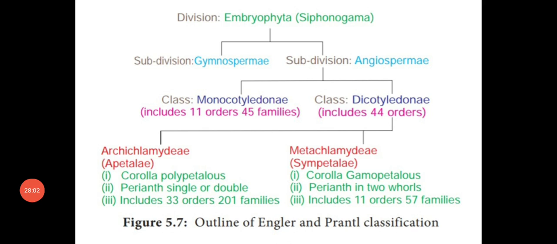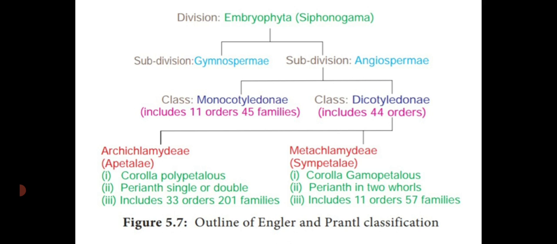Dear students, this is another flow chart, the Engler and Prantl classification. That means phylogenetic system 1 was proposed by two scientists, Engler and Prantl. It is the flow chart of the phylogenetic system of classification. The plant kingdom is divided into 13 divisions.